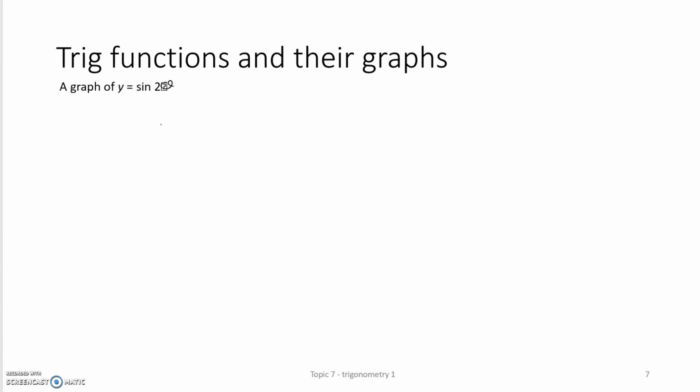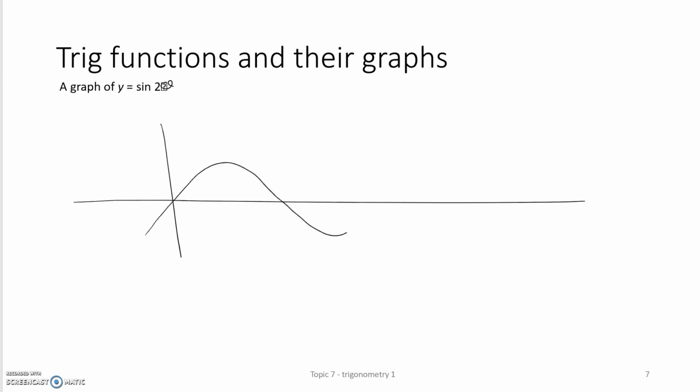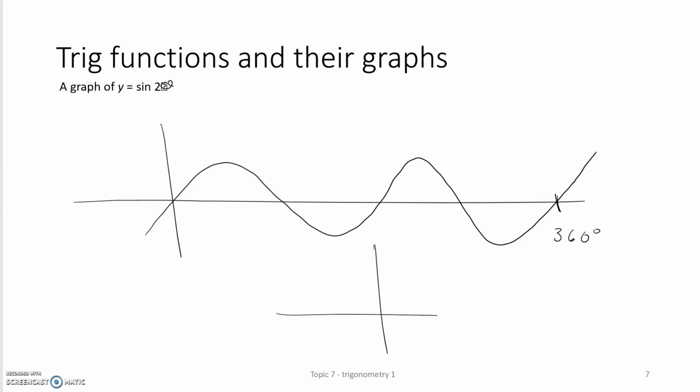Similarly, we could look at sine 2 theta, and what we're going to find there is that it goes round twice in 360 degrees, or it goes round once in 180. So it goes round twice in 360, or once in half of that time.